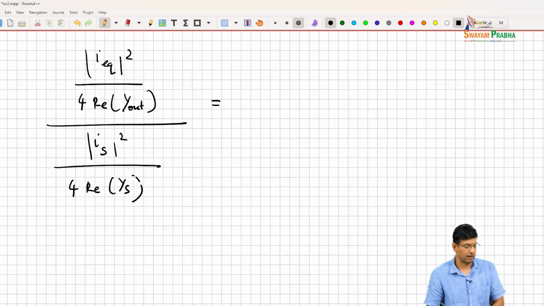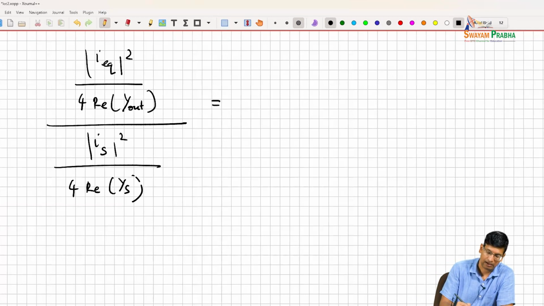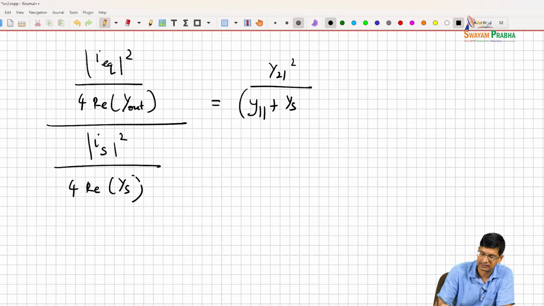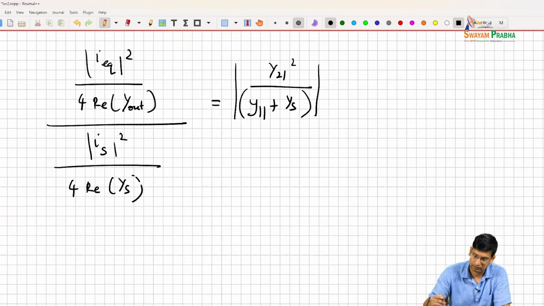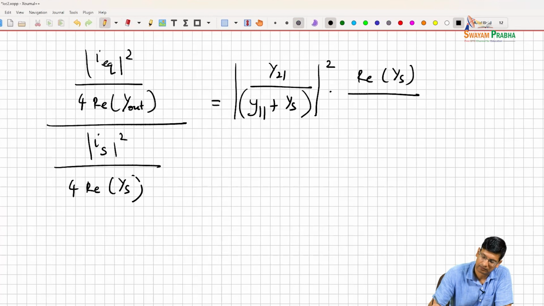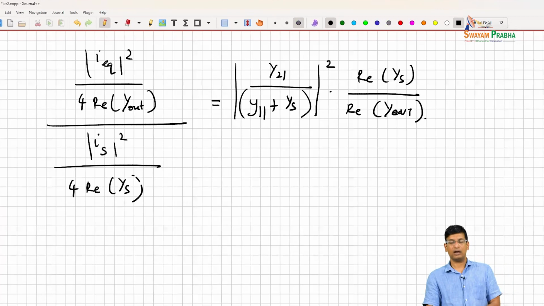So, this basically becomes Y21 squared divided by Y11 plus Ys squared, times real part of Ys divided by real part of Y out.